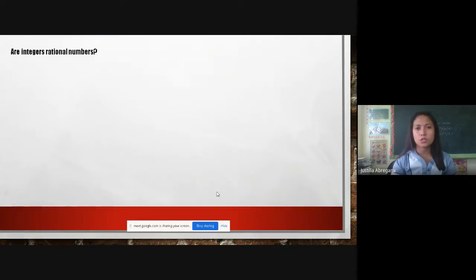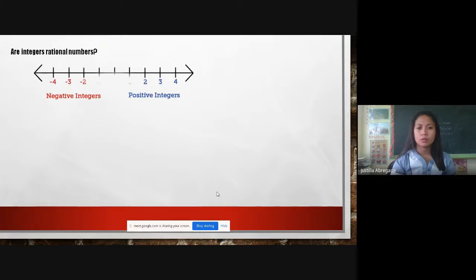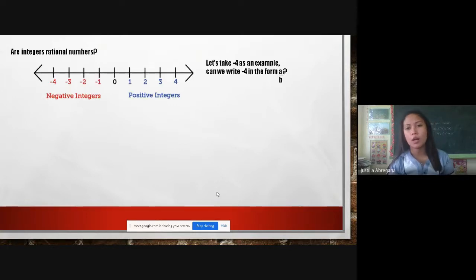There are questions we have in our minds, like, are integers rational numbers? Let's take -4 as an example. -4 is an example of an integer. Can we rewrite -4 in the form a over b?